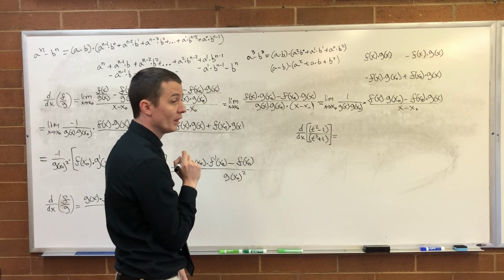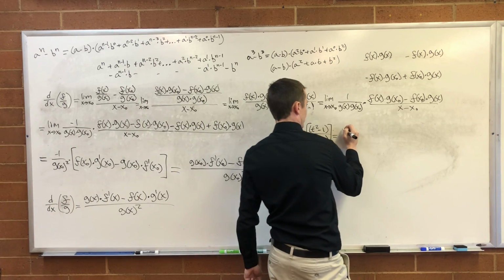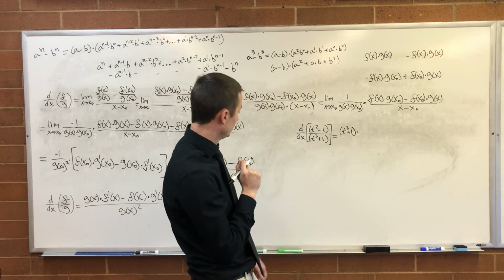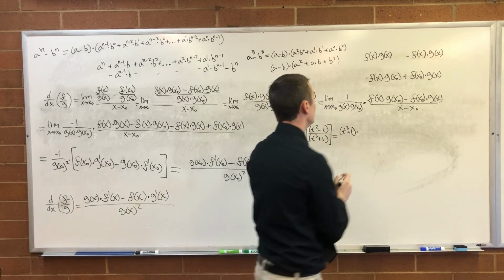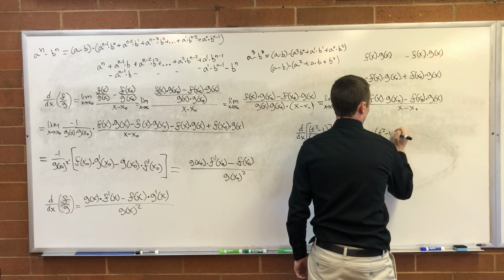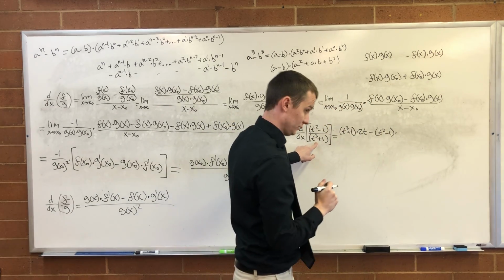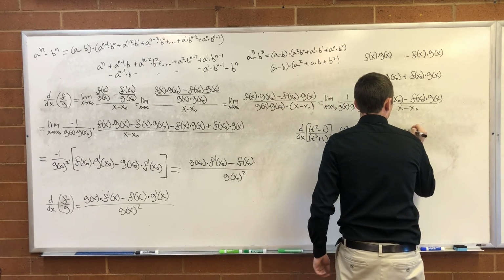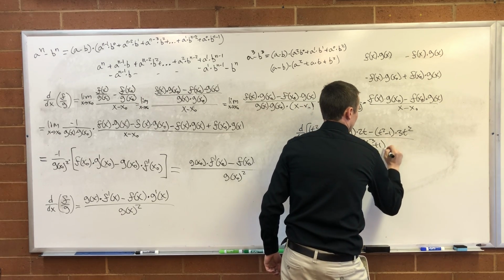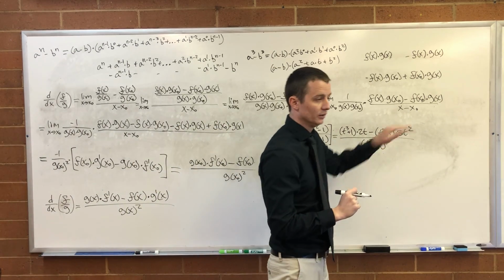Okay, so let's figure it out. It's the bottom times the derivative of the top, which is 2t, minus the top times the derivative of the bottom, which is 3t squared, all over the bottom squared. And then you can do the algebra of simplifying it.